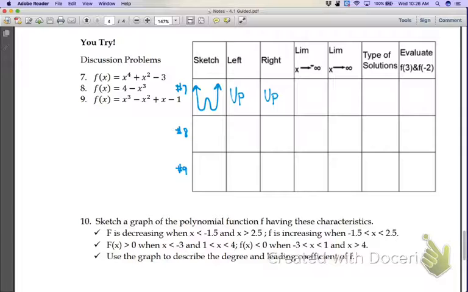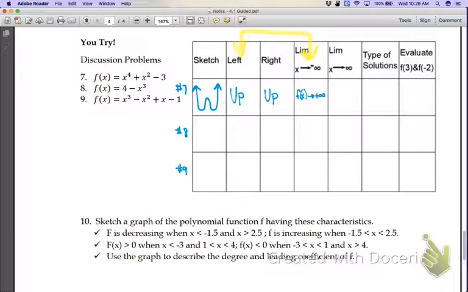Now, if we write it in notation, as x is going left, what is f of x going towards? Is it going towards positive infinity or negative infinity? Positive infinity.